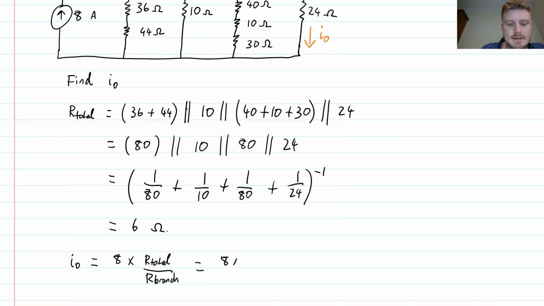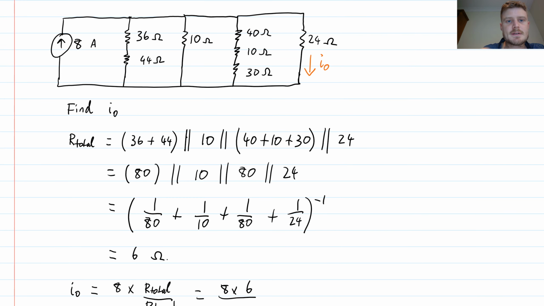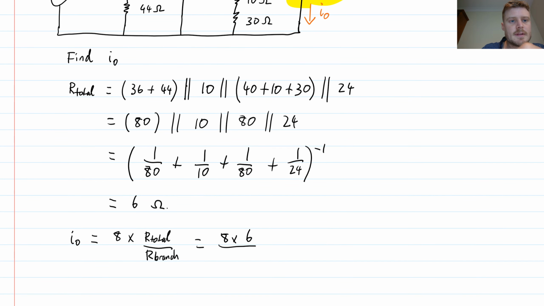So that's 8 times R total, which was 6, and R branch, looking up at my circuit diagram, I can read off the value 24 ohms over there, so I put 24. So this is 48 over 24, which is 2 amps. So the current in this branch will be 2 amps.